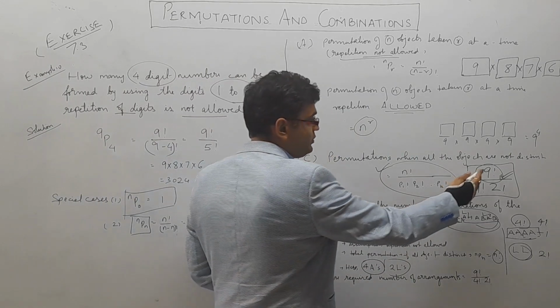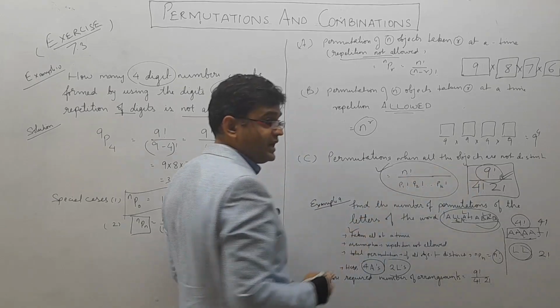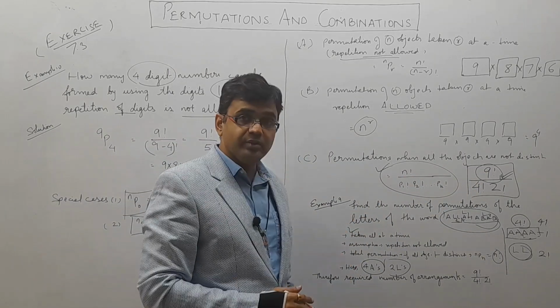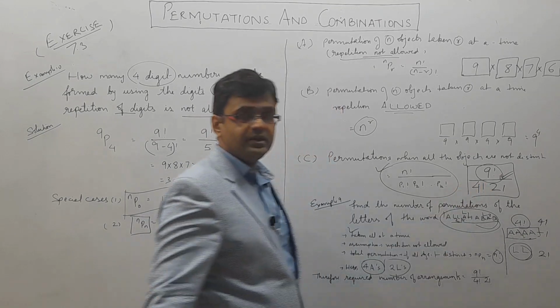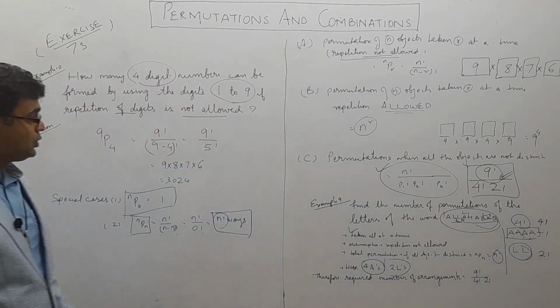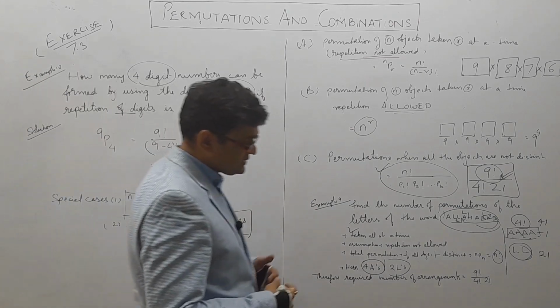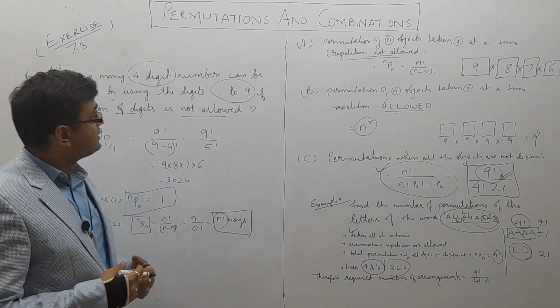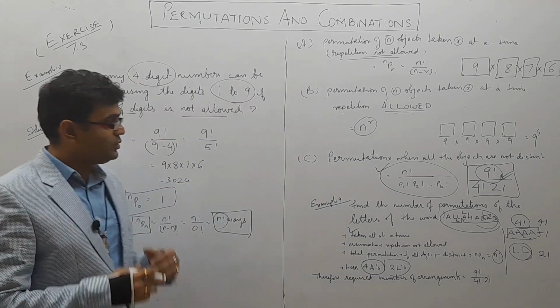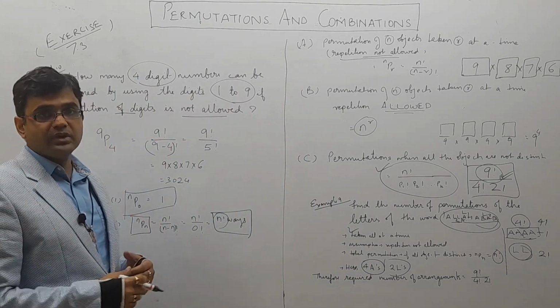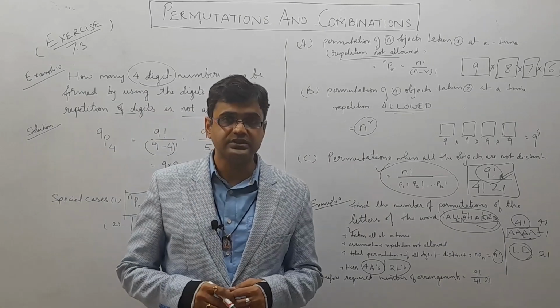So in the numerator we keep n as 9 factorial, and in the denominator instead of p1, p2 we have kept 4 factorial and 2 factorial. So let us solve the question. In the next video I'll solve the exercise questions, which will make the whole concept a lot more clear. So that's all for this lecture.